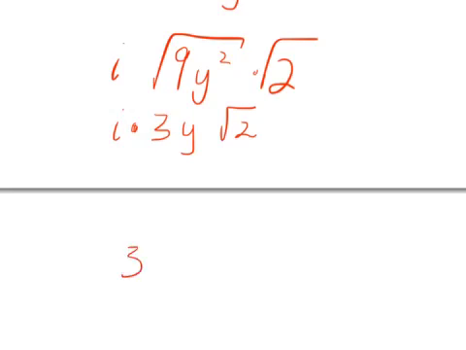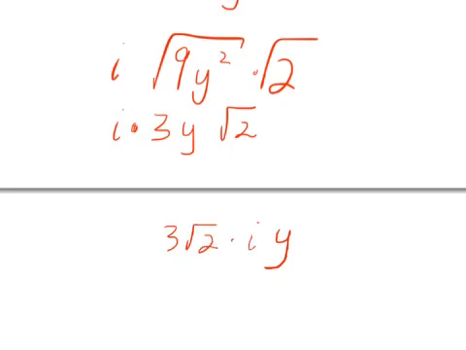Okay, so we'll write it as 3i, y, or let's say... It is kind of funky. What about this? Let's put the y at the end. And then 3 root 2 times iy. Okay?